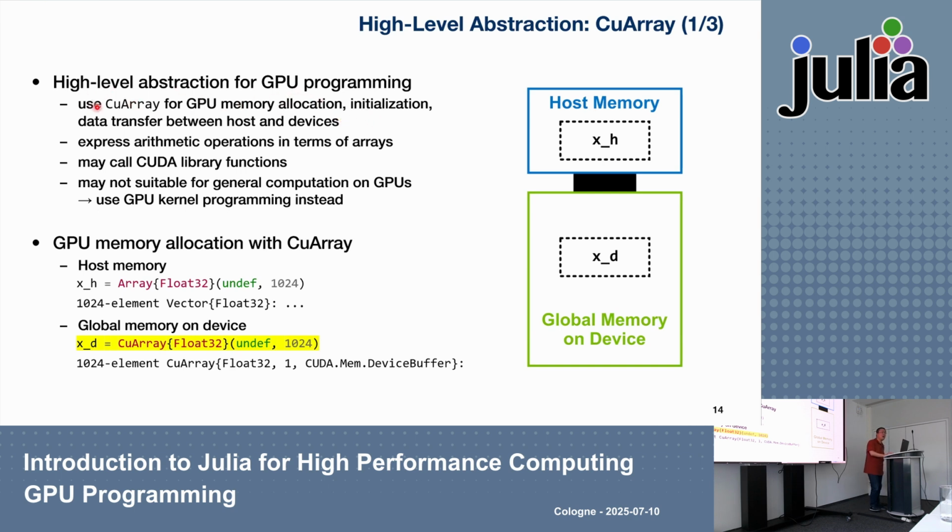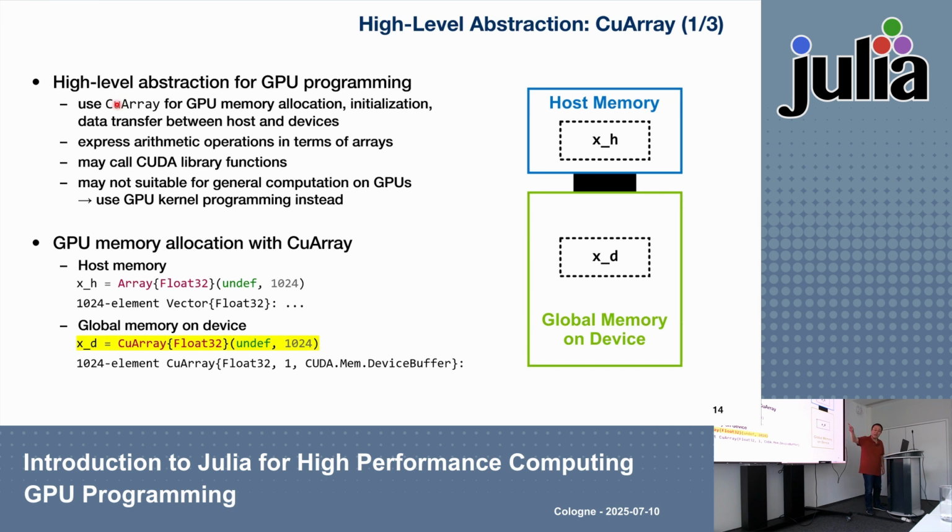If you remember, maybe on the first day, you already learned arrays. If you write an array in Julia, you have an array on the CPU. And to create this on the GPU, just type two letters.